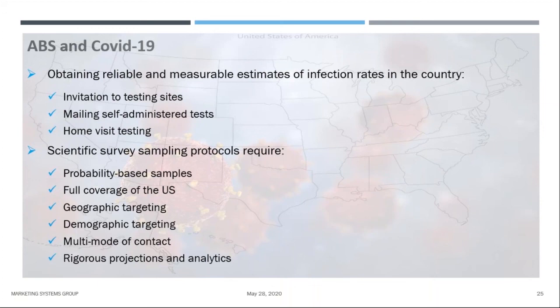As I mentioned, many government agencies and research organizations are in need of a methodology that can provide measurable and reliable estimates of infection, making it possible for various contact and data collection options, and then having the rigor of a scientific sampling methodology that can provide probability-based samples that cover the entire US, allowing geographic and demographic targeting and providing different methods for contact and data collection, and again, coherent and very scientific methods for weighting and analytics.